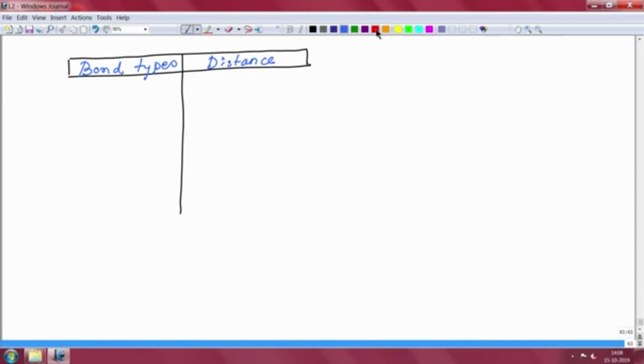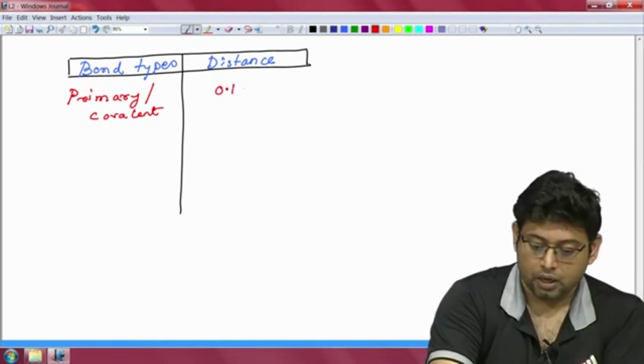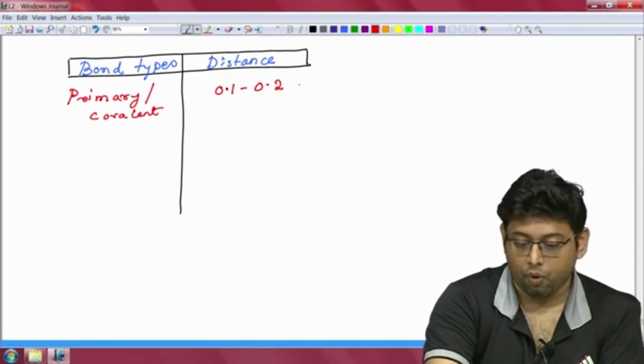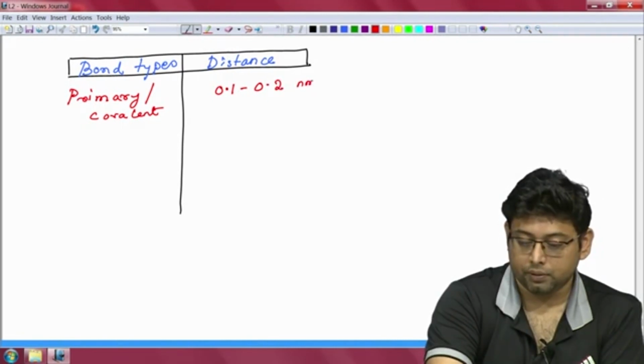So, for primary or covalent bonds, the typical distance between the atoms, or the typical separation, is somewhere between 0.1 to 0.2 nanometers.